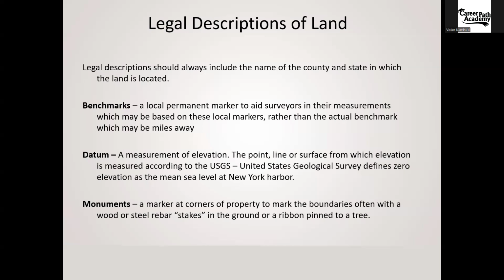So if you are measuring elevation locally, wherever town you're located in New Jersey, is a surveyor going to New York Harbor to measure the elevation and then working his way back to your town so that he could tell you how many feet above sea level that particular property's at?